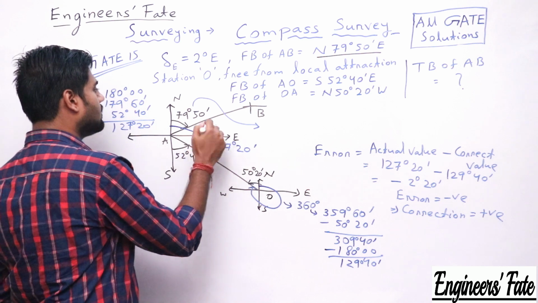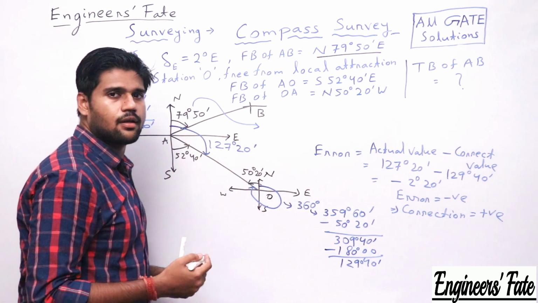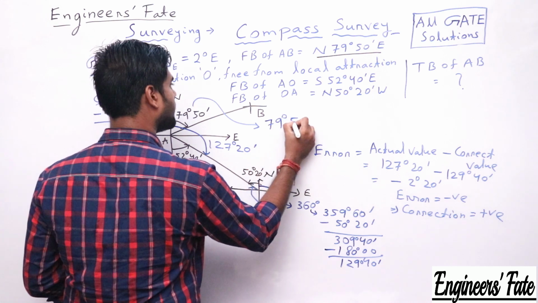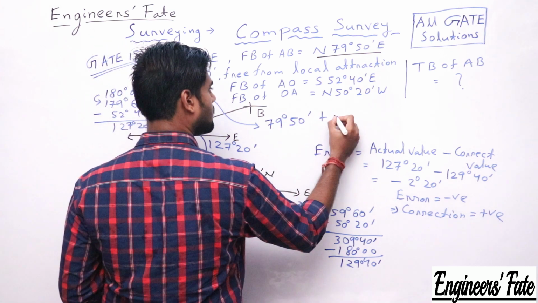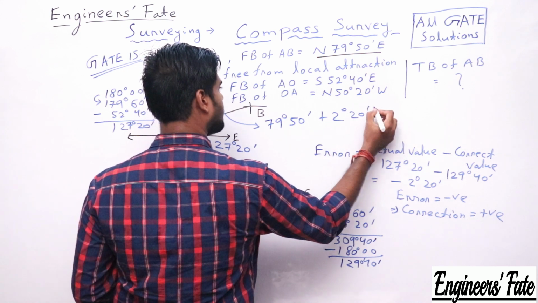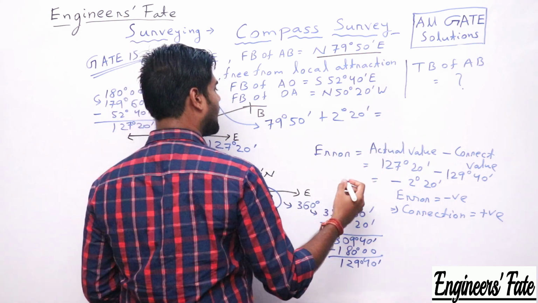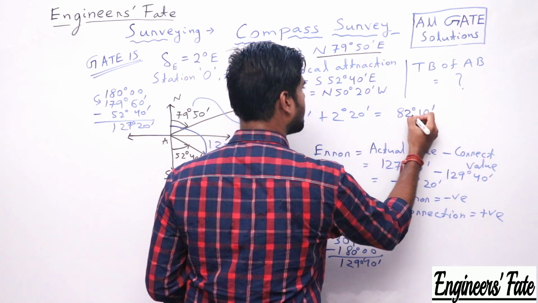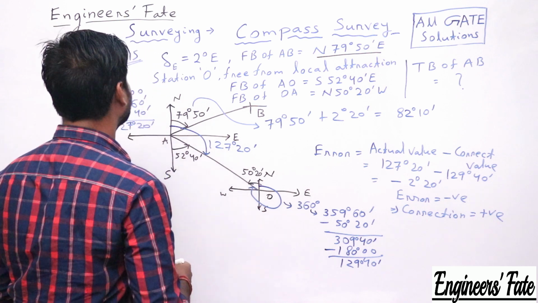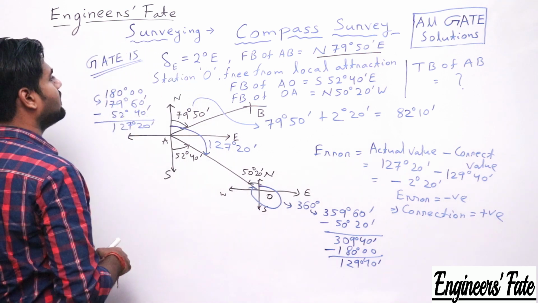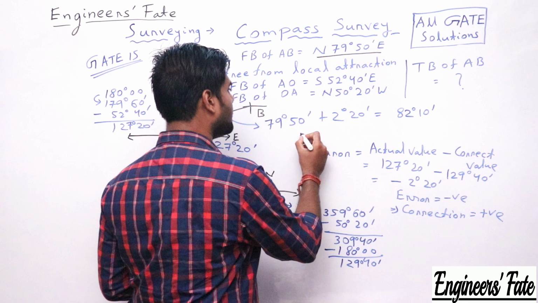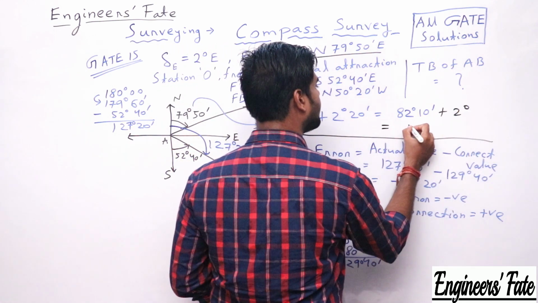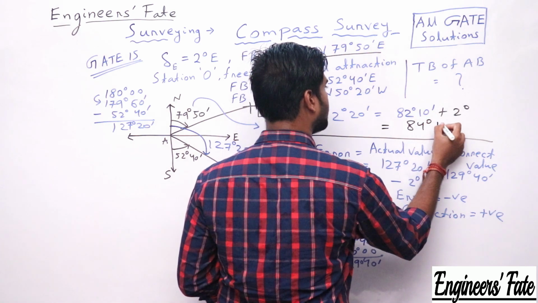So whatever the correction for bearing AB, 79 degree 50 minute plus 2 degree 20 minute, and if I calculate, I'll get 82 degree 10 minute. Now again he has given the eastern declination. Eastern declination means again I have to add 2 degree. So the correct answer will be 84 degree 10 minute.